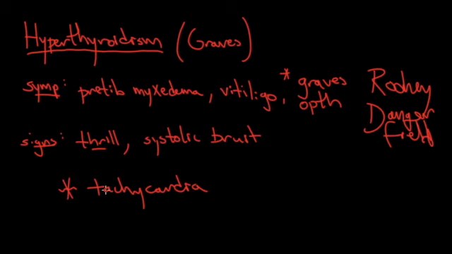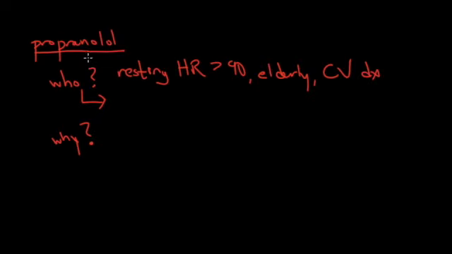Another important thing is that tachycardia is a pretty common concomitant presentation, so we want to be mindful of this. We talked about how tachycardia can be a pretty big concomitant thing with hyperthyroidism, and we want to give something to help with that tachycardia.